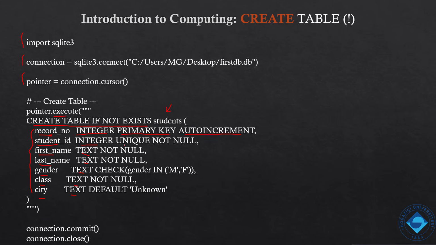And student ID, I say it has to be unique numbers and not null. First name can't be null, last name can't be null. Gender can only be male and female. To be able to do it, I will use check and in. And class can't be null, and city is unknown by default if you don't write Bursa, Istanbul, something like this. And once you finish your coding, you have to write connection commit and connection close.